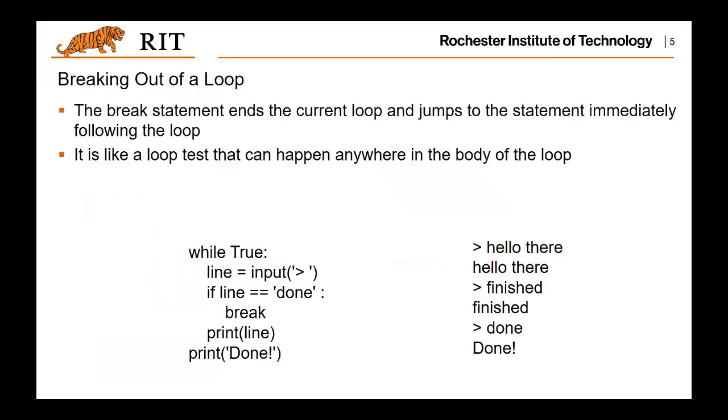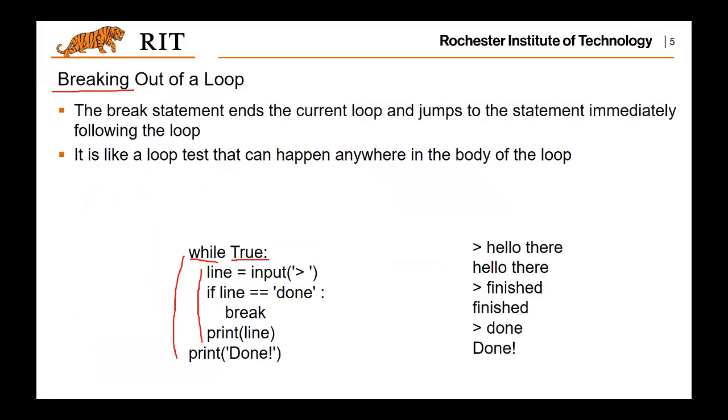So when you do a loop, there are some special statements which will end the current loop and jump to the statement immediately following the loop. That is the break statement. If we look at this loop, basically while true, and if this is satisfied, this line of code will be executed.